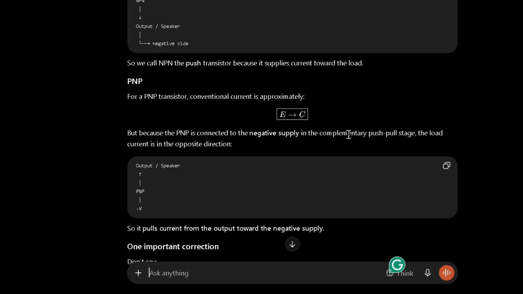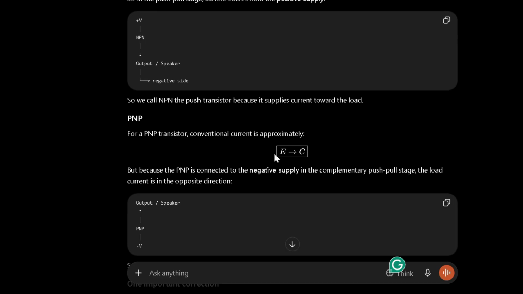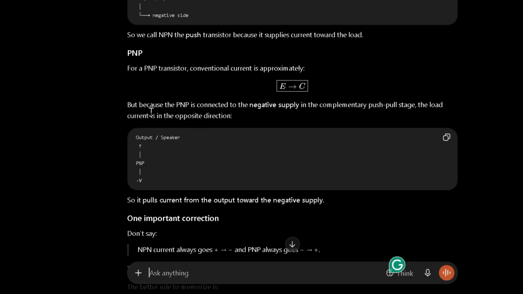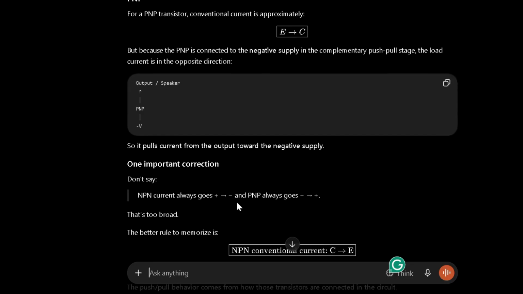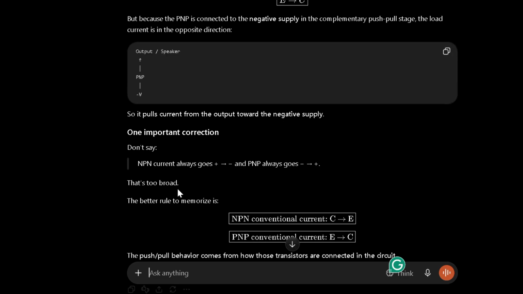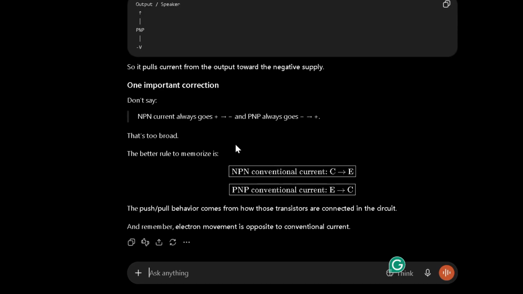The PNP conventional current enters the emitter and leaves at the collector, but because it is connected to the negative voltage in the complementary stage, the load current is in the opposite direction. So it pulls current from the output toward the negative supply. Don't say NPN current always goes positive to negative and PNP always goes negative to positive. A better rule to memorize: for the NPN, conventional current goes collector to emitter; for the PNP, it goes emitter to collector. The difference comes from how the transistors are connected in the circuit.